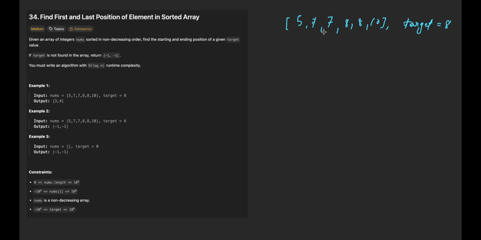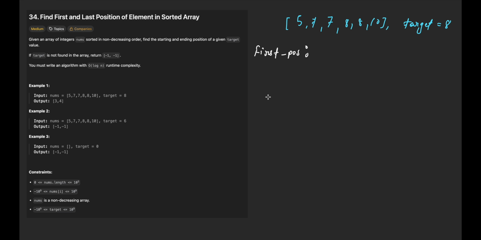Let's see. Let's try to first get the first position of the target element 8. So we can define a function which would be helping us get the first position. So let's say our function was first position.